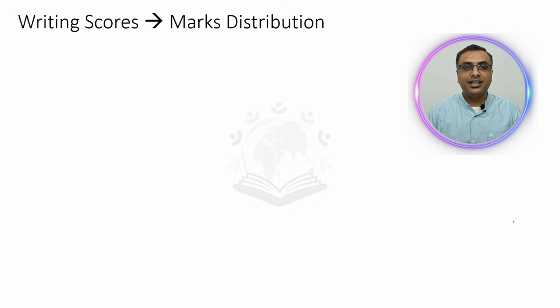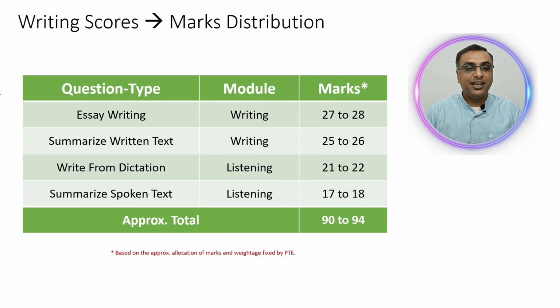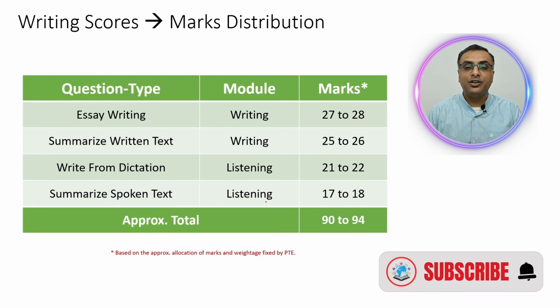Let's do a quick recap about the writing questions and their marks distribution respectively. Starting with essay writing, it would contribute about 27 to 28 marks, followed by summarize written text, then write from dictation, and in the end, summarize spoken text. All of this would give you about 90 to 94 marks.